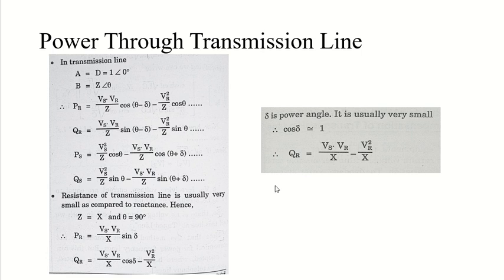So what do we do? Instead of this cos delta, we can write 1. So what will be my equation of QR? QR will be equal to VS VR divided by X, this value is 1, minus VR square divided by X. So that will be the equation of receiving end reactive power, right?